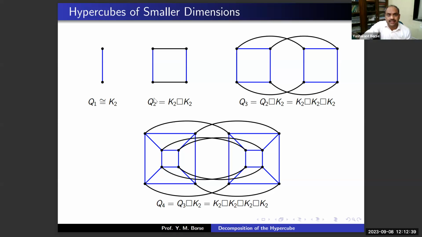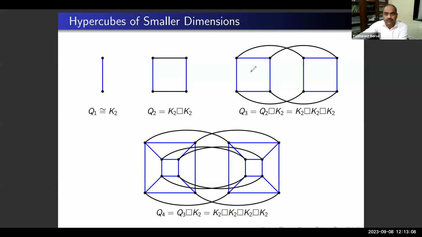These are the examples of smaller hypercubes. This Q1 is just one K2. Q2 is K2 cross K2, meaning two copies of K2 joined by a perfect matching.